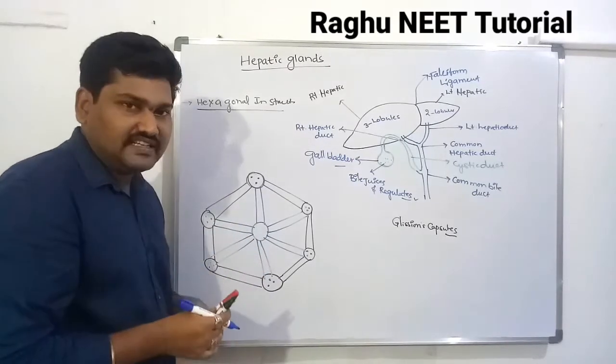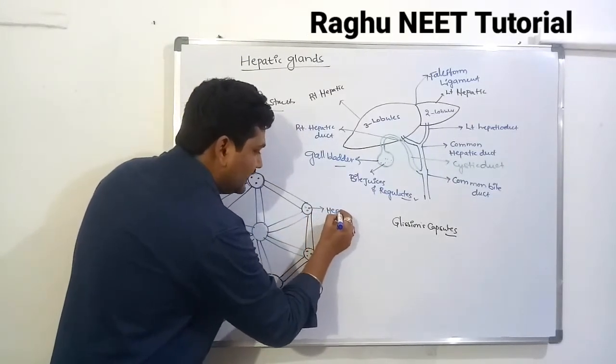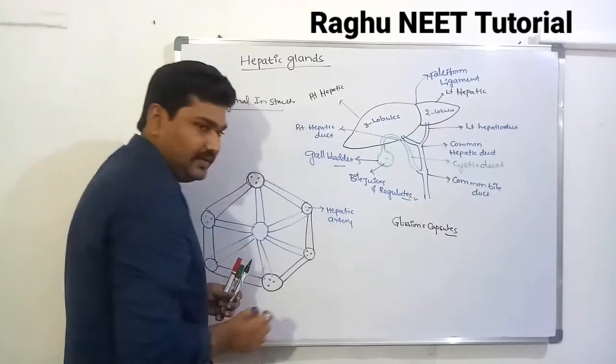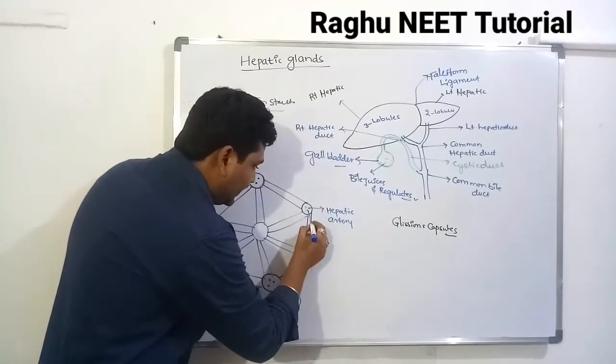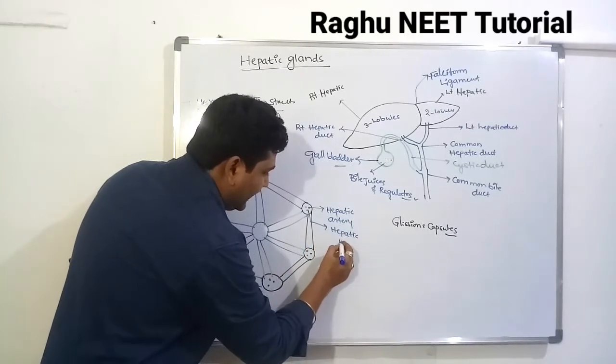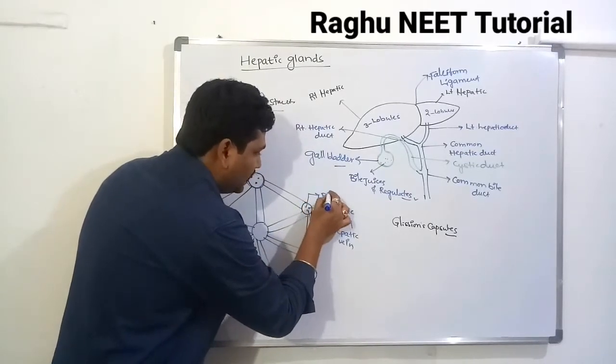These three vessels are: the first one is known as the hepatic artery, the second is the hepatic vein, and the third is the bile duct.